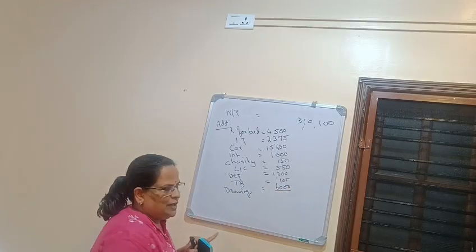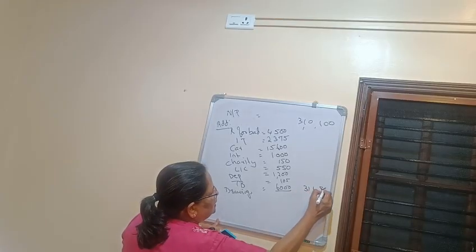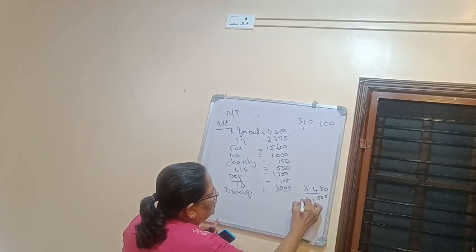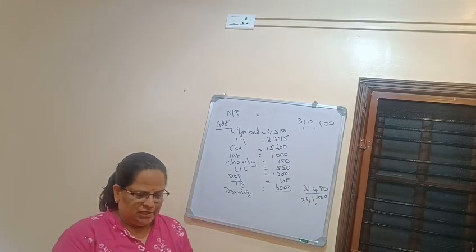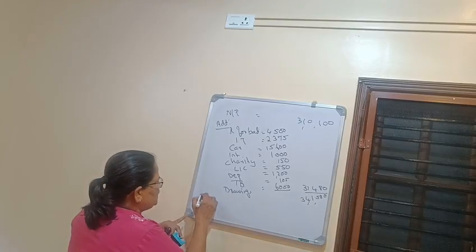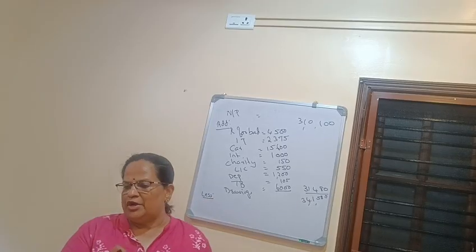So take the total of these values, you will get 31,480. So the total is 3,41,580.